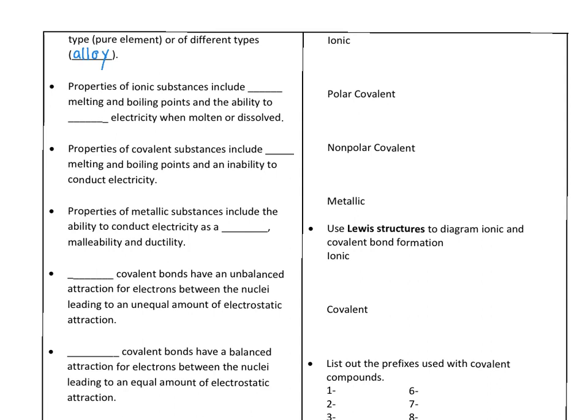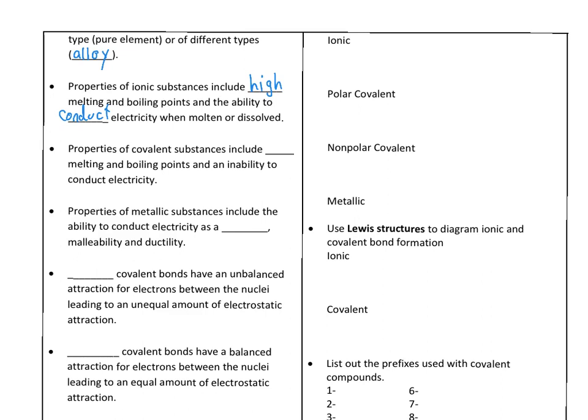Again, this is from your summary chart on your doodle notes. Properties of ionic substances include high melting points and boiling points, right? I said you can't just melt salt, but they do conduct electricity when they're molten or they're dissolved in water. They do dissolve in water, right?